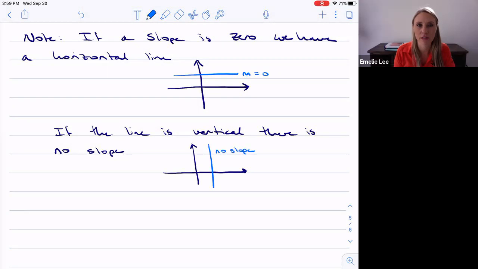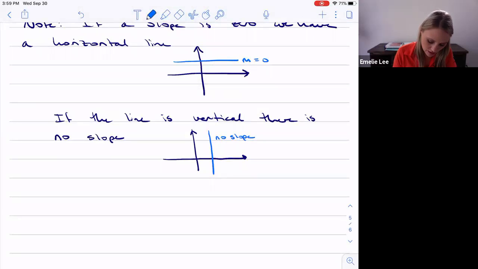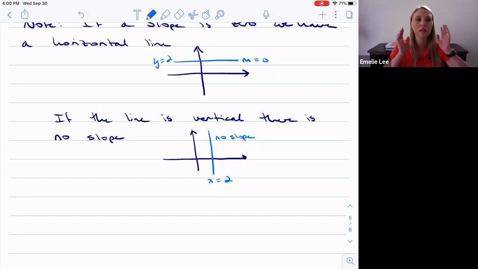It's a perfectly straight vertical line. Let's say it's at x equals 2, for example. It still works, but you have no slope.